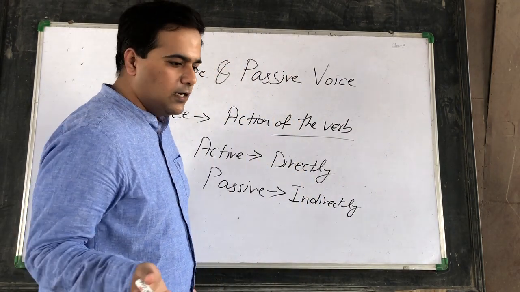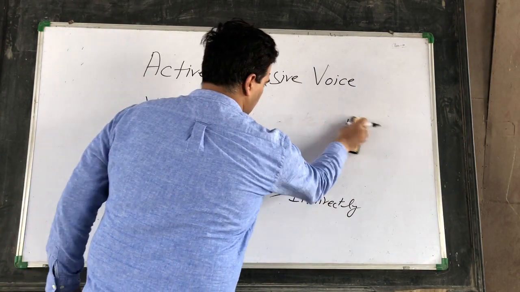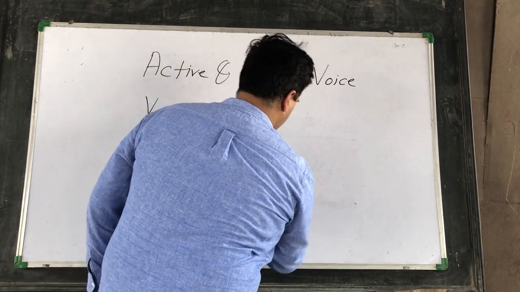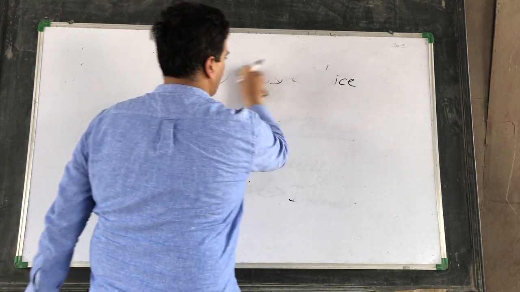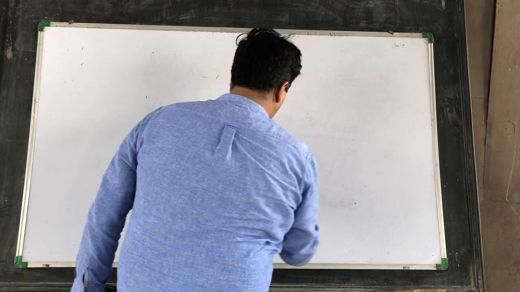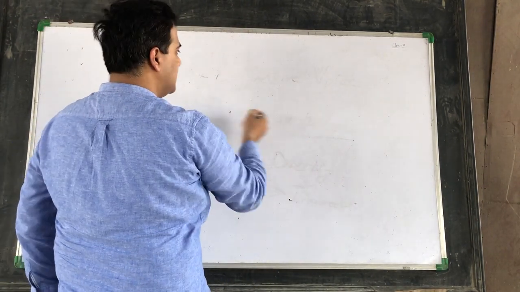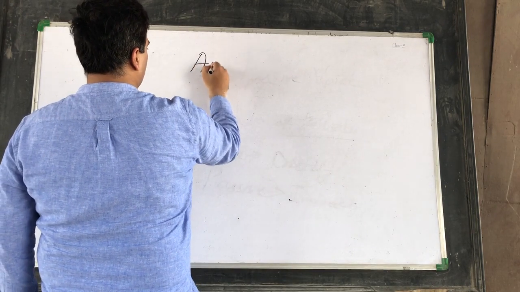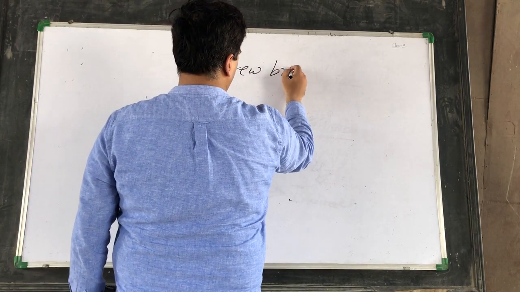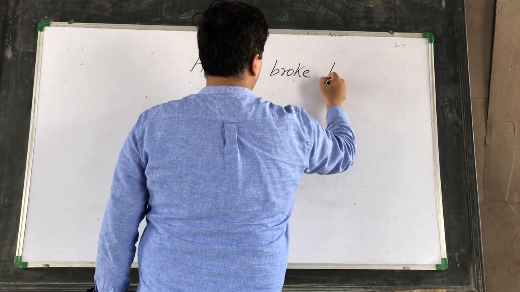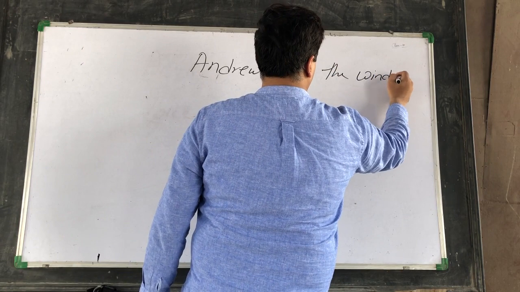Let us understand with the help of examples. Let's see the sentence: Andrew broke the window.